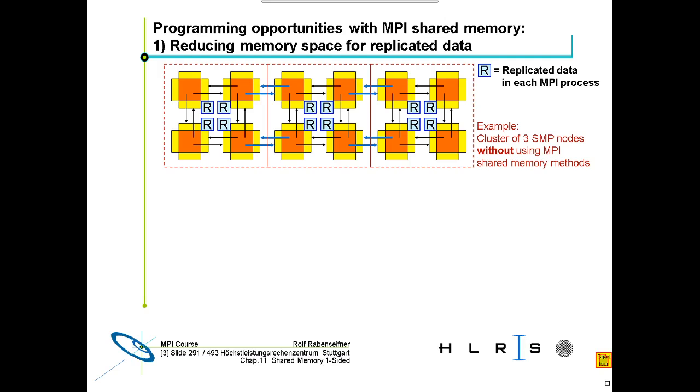Just imagine in this case a cluster of 3 SMP nodes without using MPI shared memory, which could easily represent the situation of, let's say, a large simulation system that is distributed into different processes and different domains in the so-called domain decomposition, and we are having halos with replicated data per each MPI process.